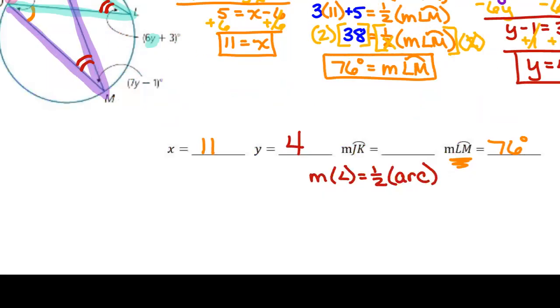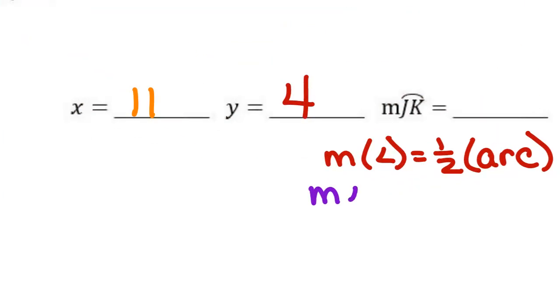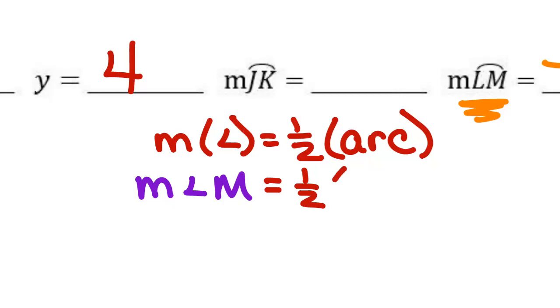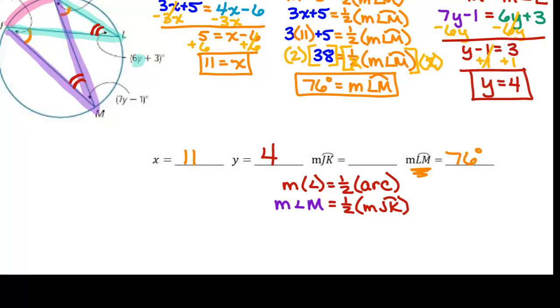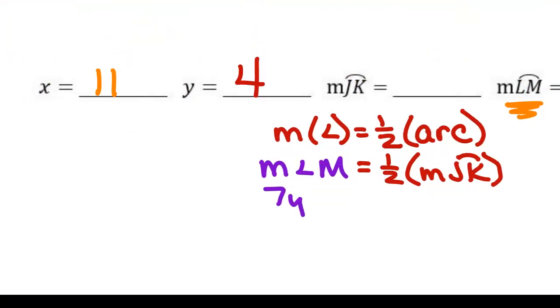I'm going to go with angle M. Measurement of angle M is equal to 1/2 the measurement of arc JK. Measurement of angle M is 7y minus 1. So 7y minus 1 equals 1/2 the measurement of arc JK.